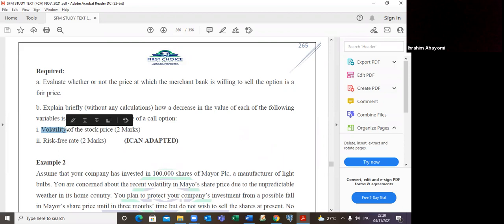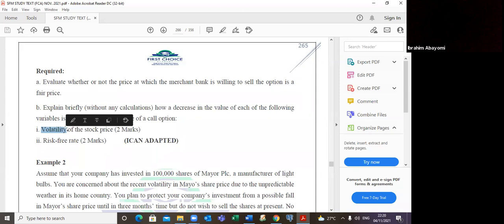And that means the amount by which the price of the underlying asset currently is likely to differ from the price of the underlying asset on the date the option will be exercised.